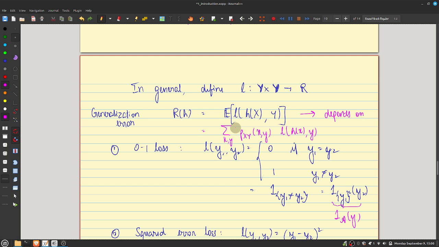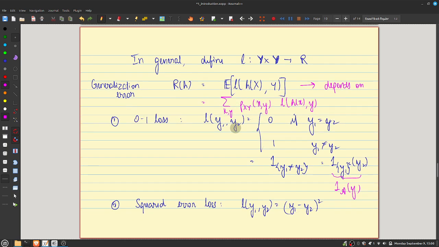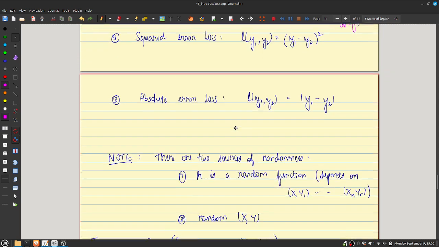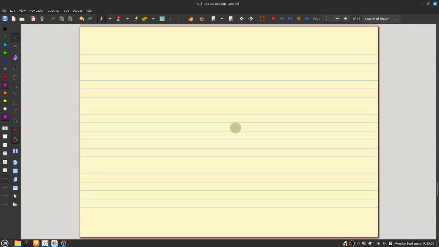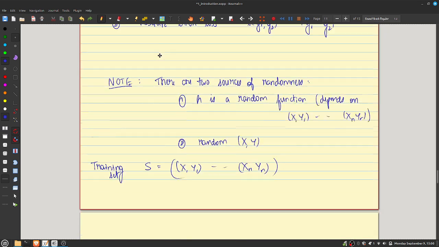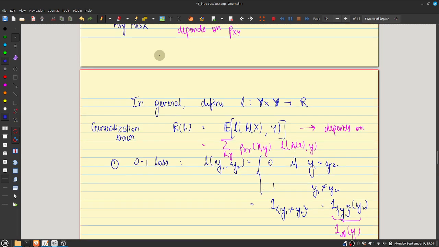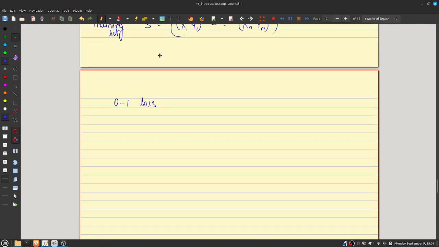The 0,1 loss will just end up being, so what is the 0,1 loss equal to? So again, there are two things, right? There is the loss function L, and there is the generalization error, which is the expectation of the loss function.